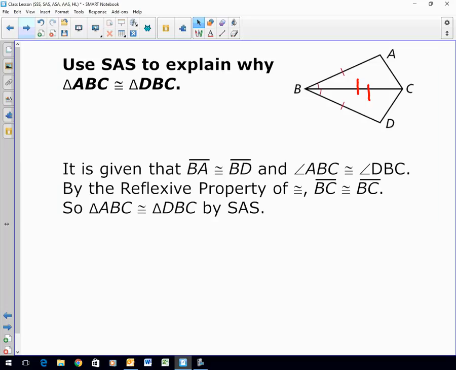So this tells me side, angle, side in one triangle is congruent to side, angle, side in another triangle. Okay? So are these 2 triangles congruent? Yes, they are. Through what theorem? Side, angle, side. Okay? That's how we work these types of problems.